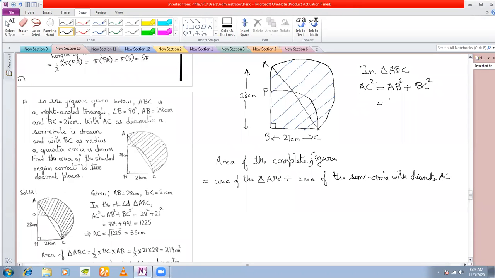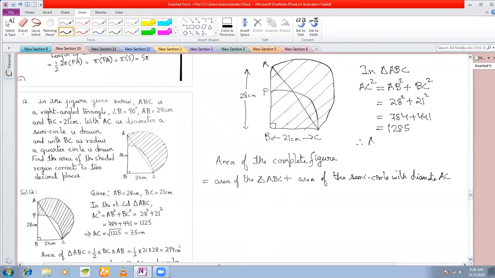So now you put the values here, 28 square. AB's length is given to you as 28. BC is given to you as 21. So this is 784 plus 441. This will give you 1225.